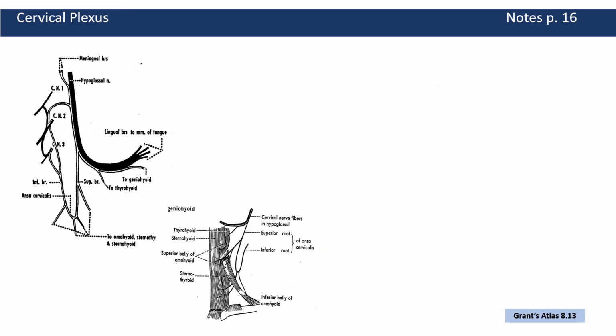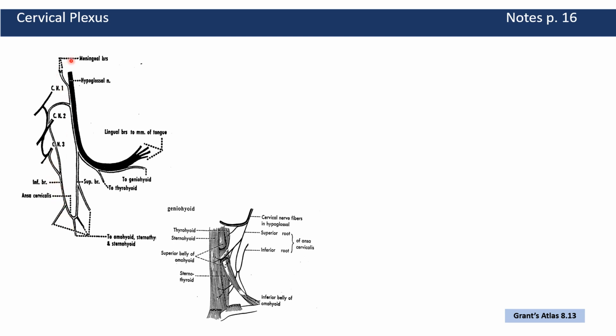In this slide, again, it's talking about the ansa cervicalis, and we've talked about that, so I won't bore you with the details, other than to point out that both C1 and C2 tend to participate in this descendens hypoglossi. So this arm of the ansa cervicalis descends with the hypoglossal nerve. And then C2 and C3 come together to form this descendens cervicalis, which is just the other arm of the ansa cervicalis.